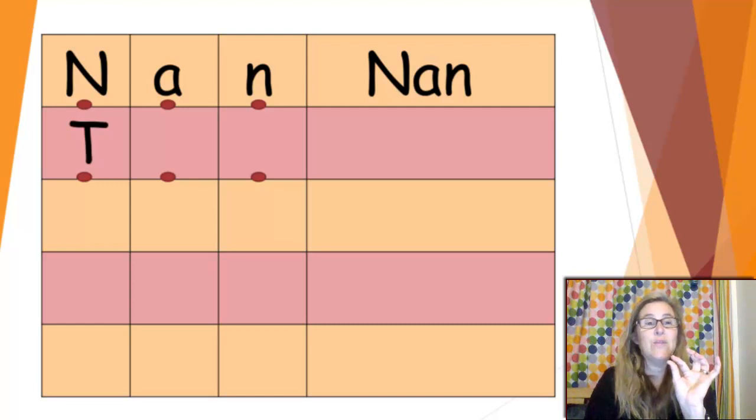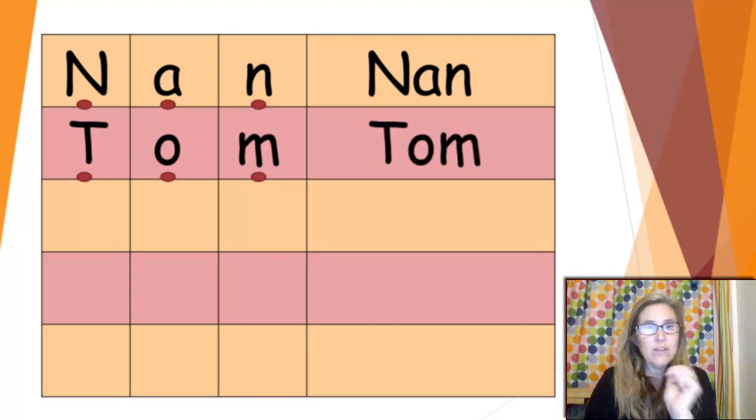A T. That's right. T, a. O, Tom. T, a, m. That last sound, that's right, was M. And then I'm going to write those letters together to form a word. Tom. You're going to notice I used a capital letter there too because the other character in our story that we're going to read is Tom.